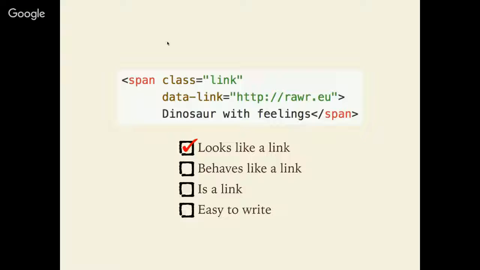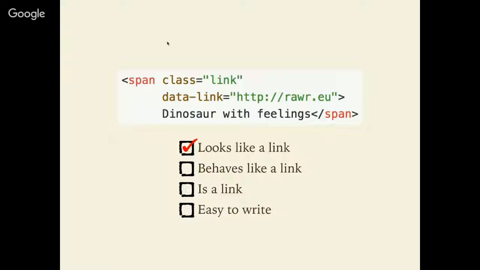The span contains the text "dinosaur with feelings," the same as the anchor element on the previous slide. And then we have the checklist, which only has "looks like a link" checked, because it still looks like a link since we added the class link to it. But it most certainly doesn't behave like a link unless we include a bunch of JavaScript.